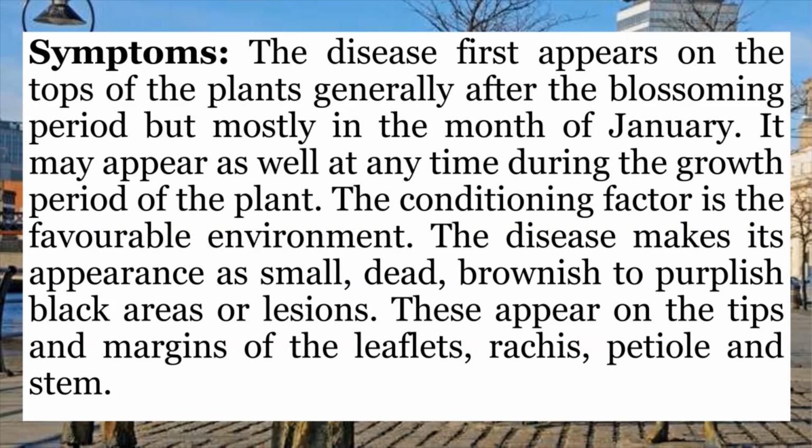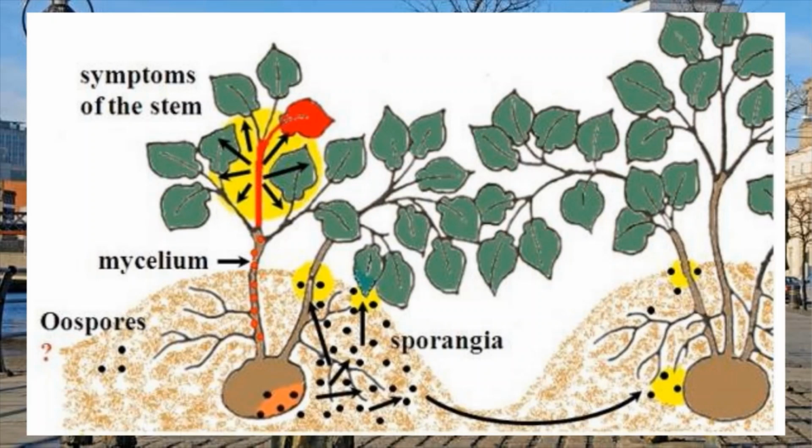These appear at the tips and margins of the leaflets, rachis, petiole, and stem. The disease spreads from infected plant to healthy plant by means of oospores or sporangia.